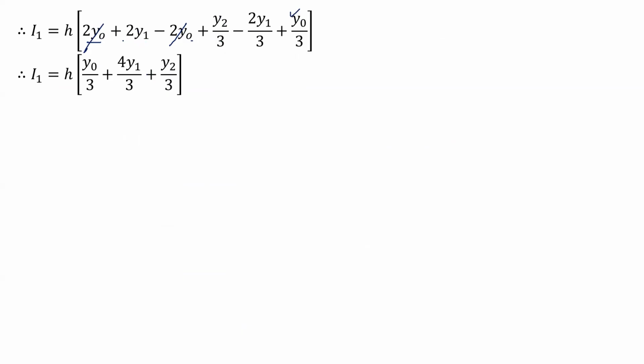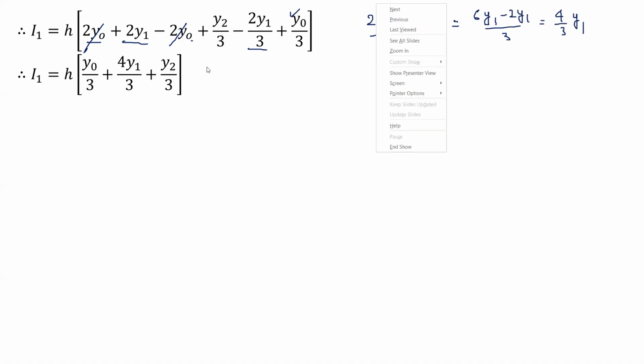Then for y1 we have 2 y1 minus 2 y1 by 3. Again by cross multiplication we get 6 y1 minus 2 y1 upon 3, which gives 4 by 3 y1, that is 4 y1 by 3.